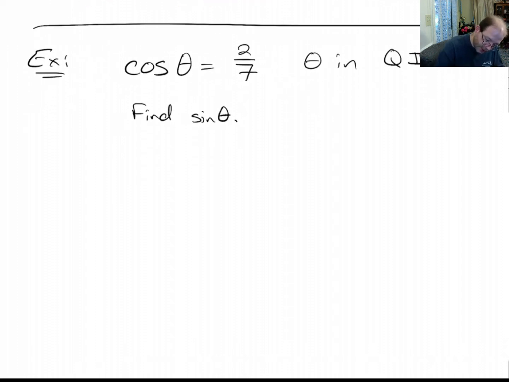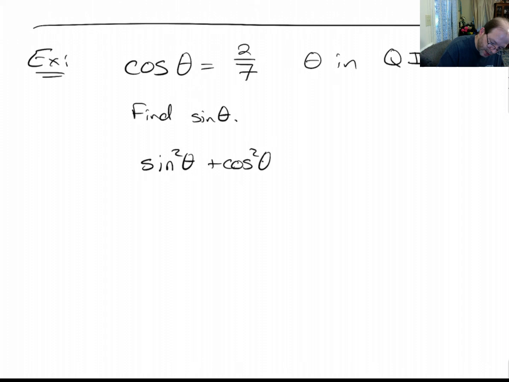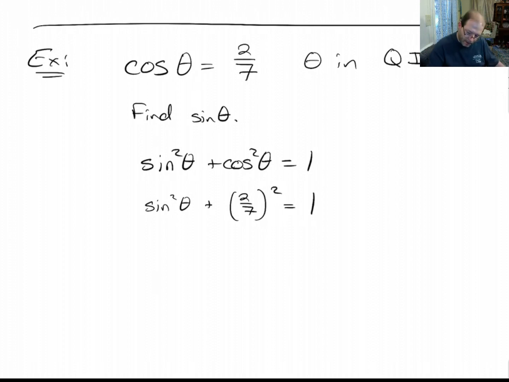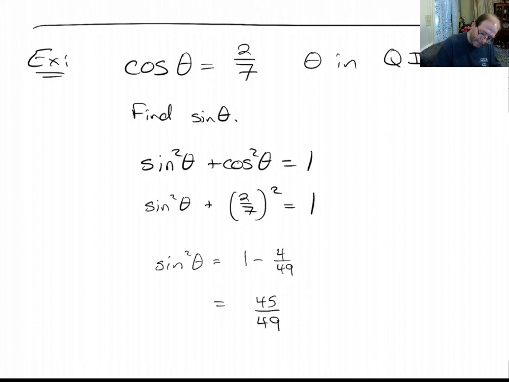All right, if we do this cheaply, we know that sine squared theta plus cosine squared theta is 1. 2/7 is cosine. So this gives me sine squared theta is 1 minus 2/7 squared. So 1 minus 4 over 49. So that would be 45 over 49.